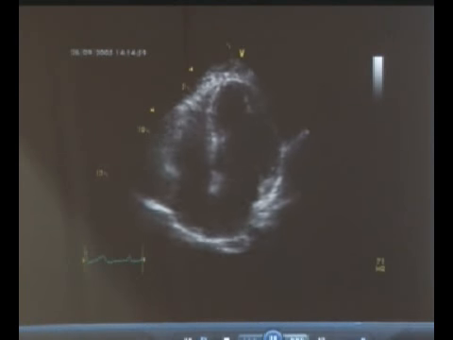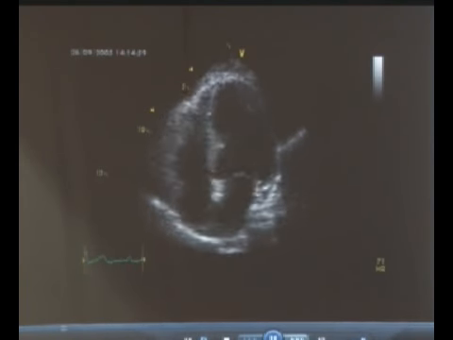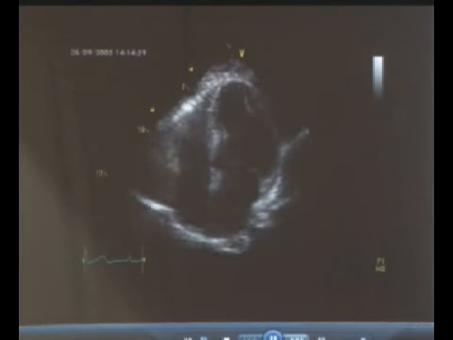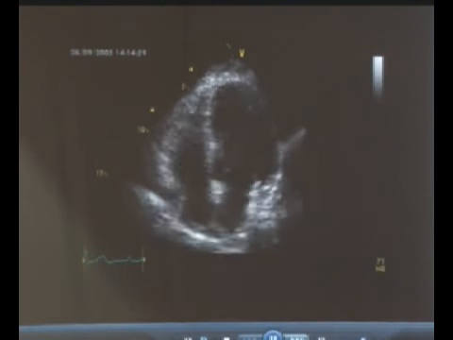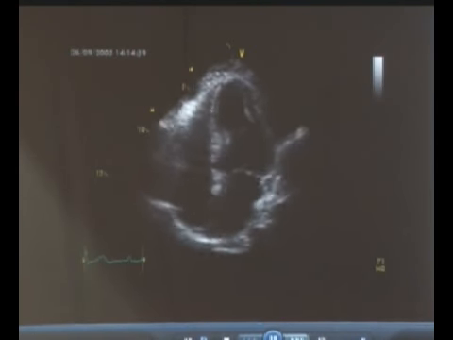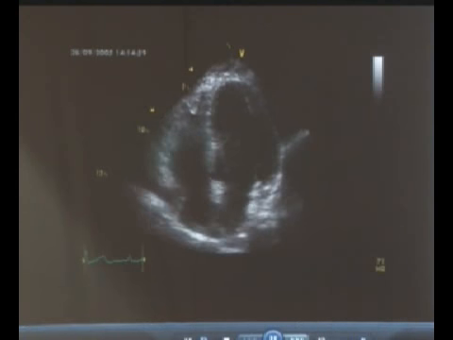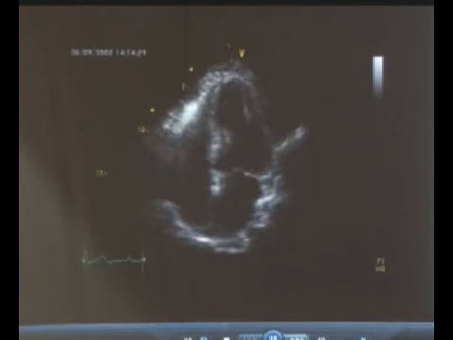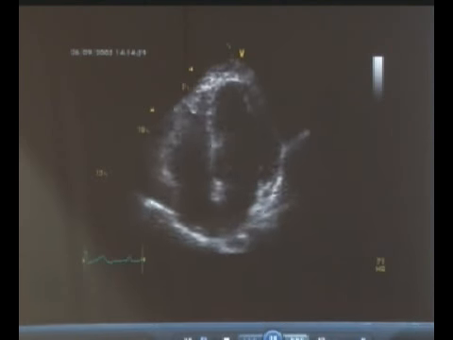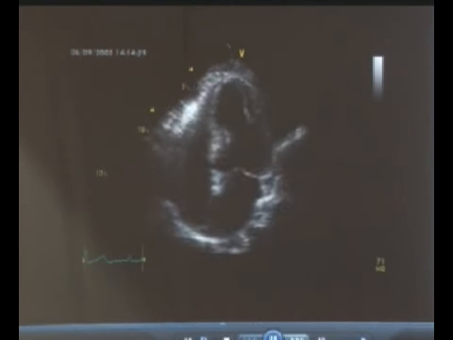10 echoes a day, 1 month. 5 echoes a day, 2 months. 2 echoes a day, 4 months. And 1 echo a day means 6 months you have done your job. So you should have at least 6 months of guided training before you start reporting wall motion abnormalities.